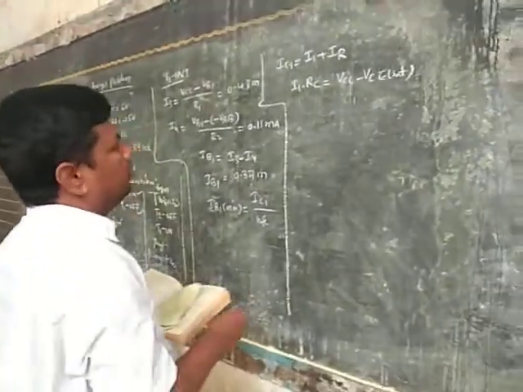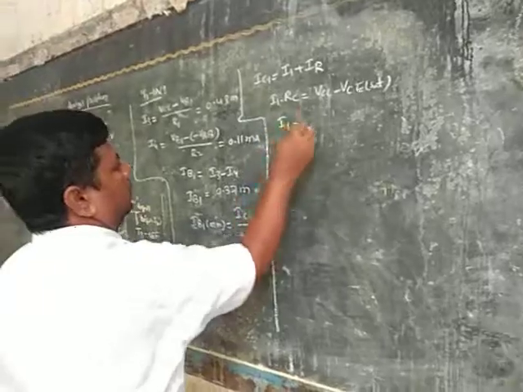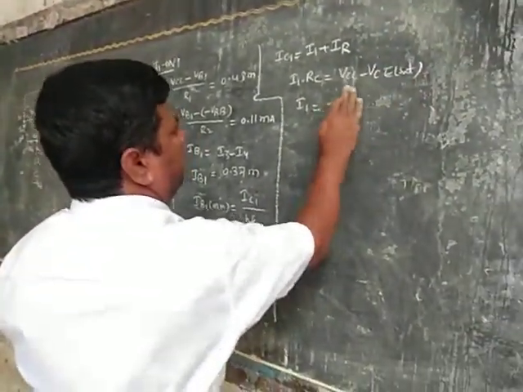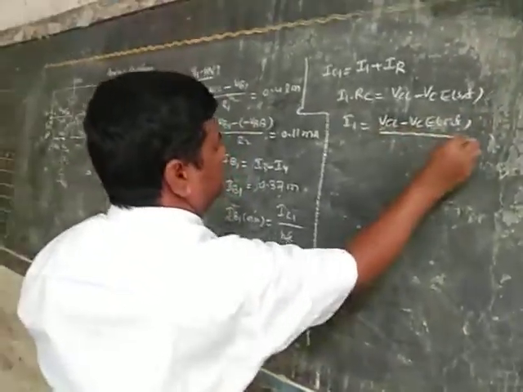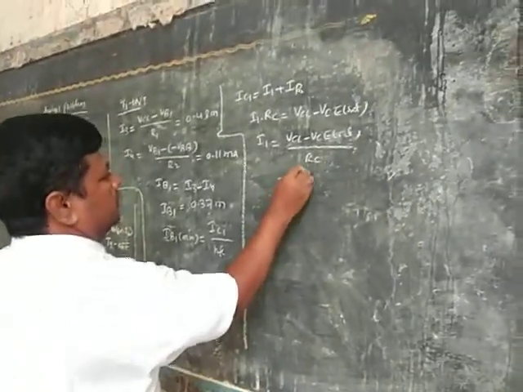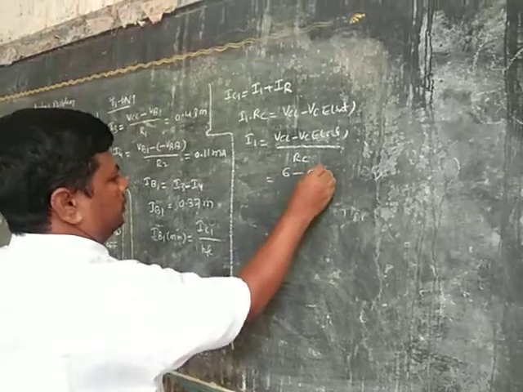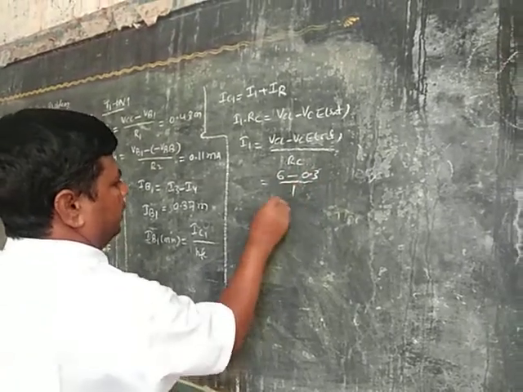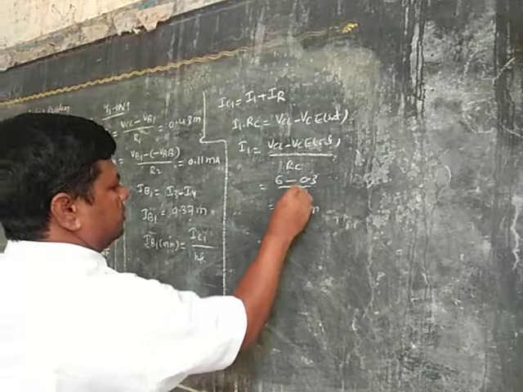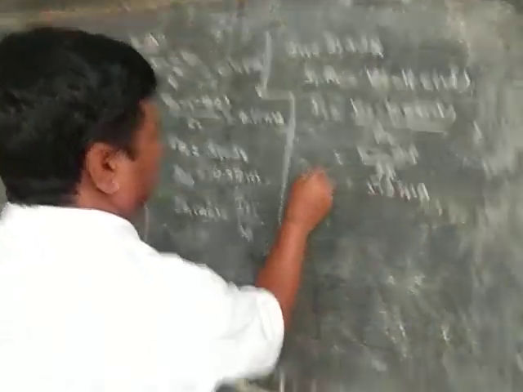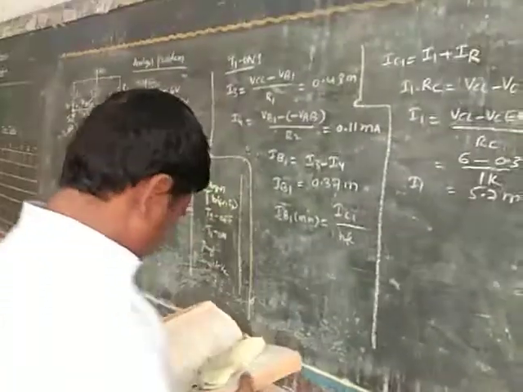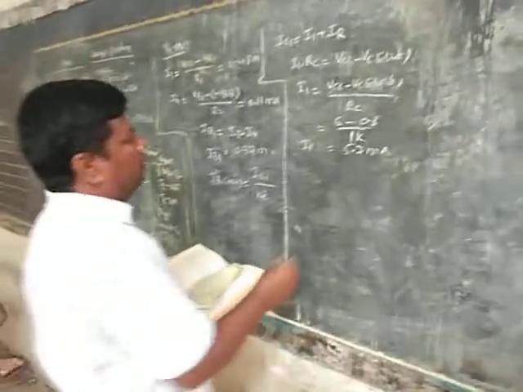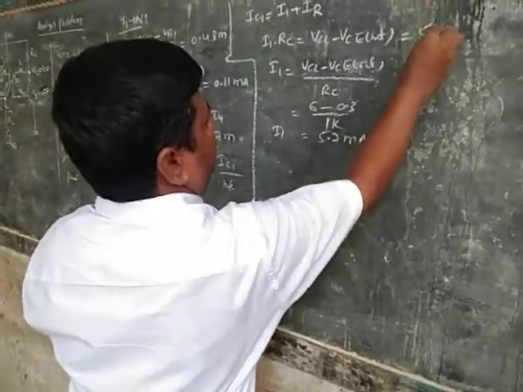From that we can find I1 is equal to VCC minus VCE saturation by RC. 6 minus 0.3 by 1 kilo ohm, 5.7, that is equal to I1 current. Then again IR current. Here this drop also, remember, 5.7.